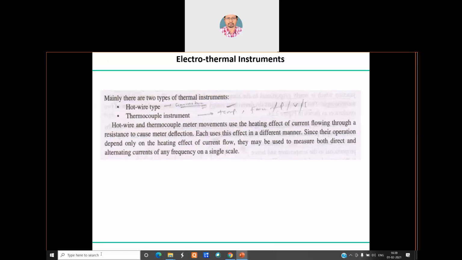And another is the thermocouple type of instruments. It is again based on the principle of temperature variation, and these thermocouple instruments today can be very widely utilized for the measurement of force, power, voltage or current. Clear? Now, the hot wire and thermocouple meter movements primarily use the heating effect, as I've told.